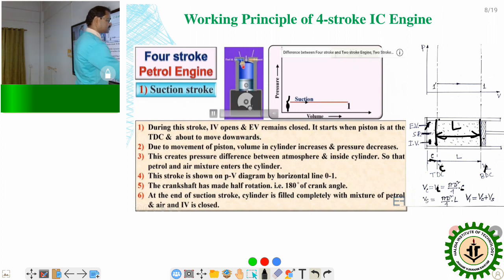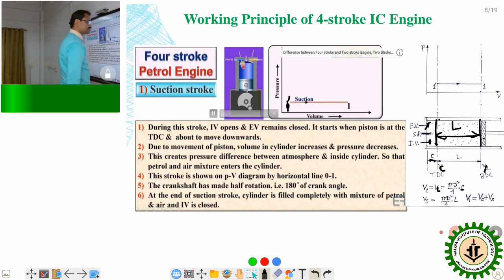If it is generally denoted by V1 with respect to that point, then V1 will be the clearance volume plus the stroke volume. So Vs, the stroke volume, will be pi d square by 4 into L, and the total volume V1 will be the clearance volume plus the stroke volume.